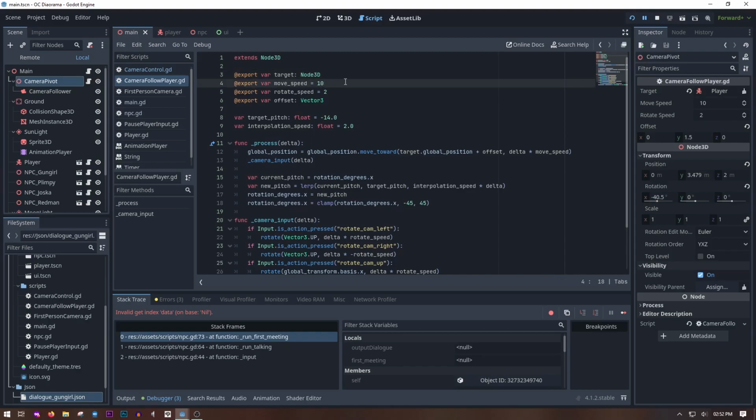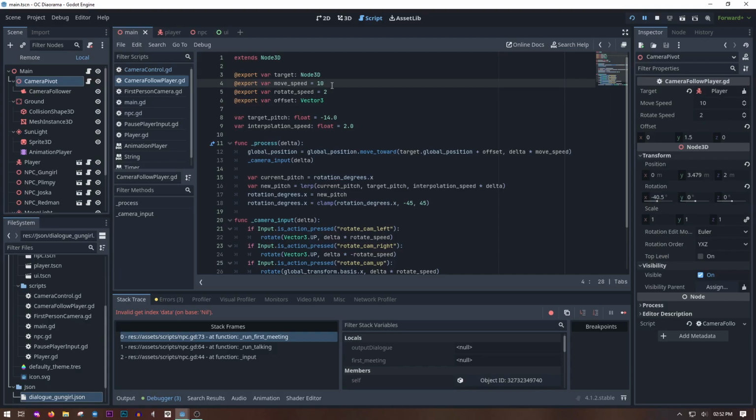Move speed, that's the speed. What is the speed of what? This is the camera. This is the move speed of the camera. Why is it 10?